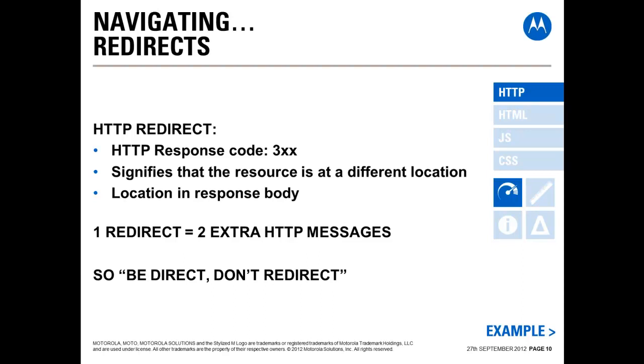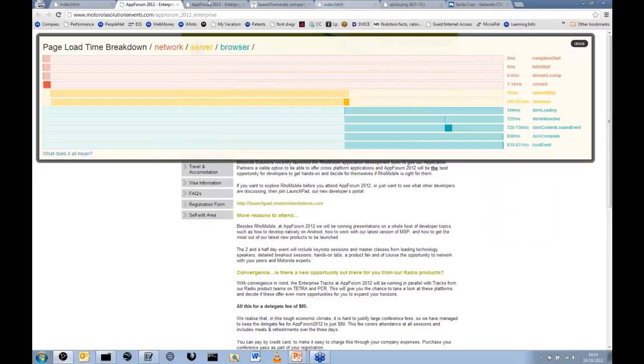For each redirect, there are 2 HTTP messages. So there are 2 transits of the network to the server. And this is what we want to reduce because this is where the latency is. So therefore, be direct, don't redirect. It takes up a lot of time, which is completely wasted.